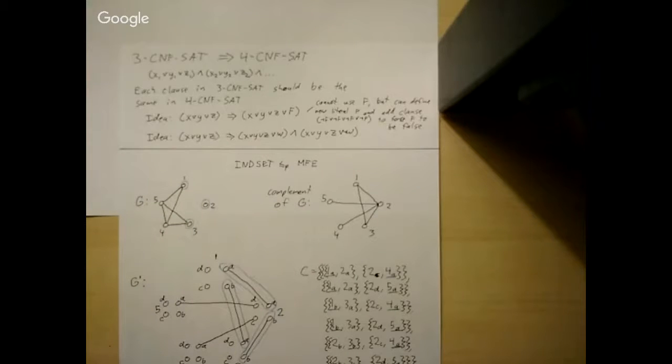So the first step of the reduction is, we're looking at independent sets. So in this graph, the maximum independent set has size 3, and that is 3.